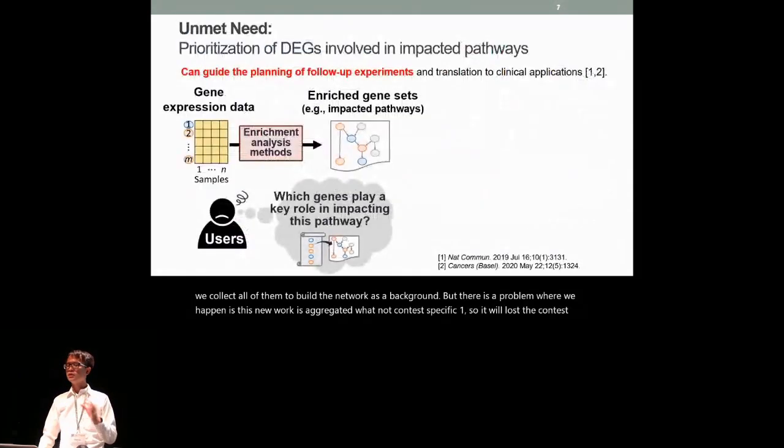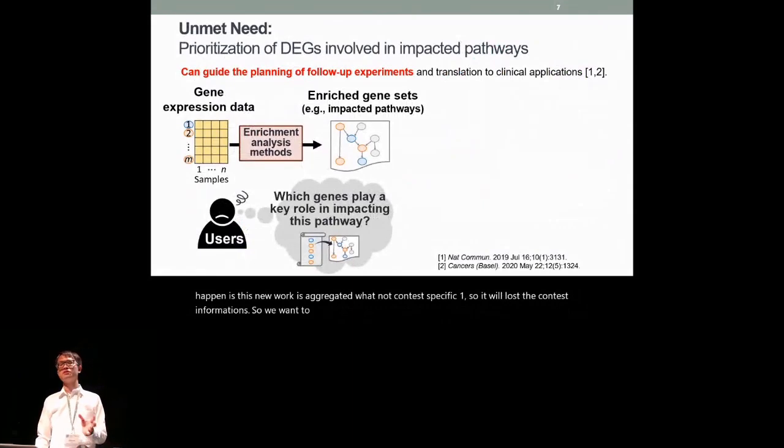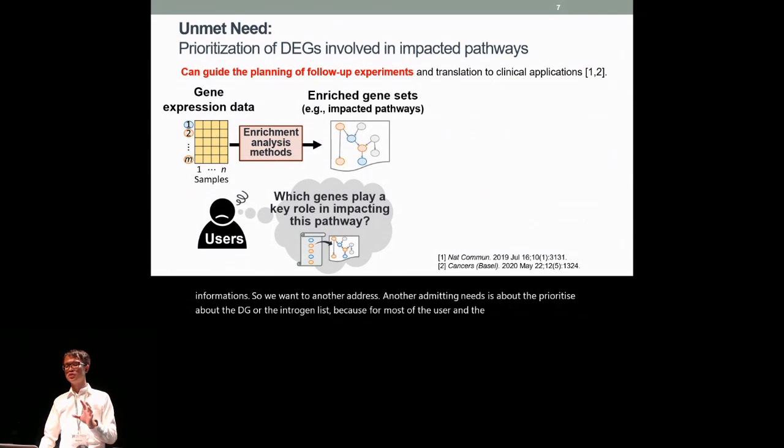We also want to address another unmet need, which is prioritizing the DEGs or the genes in a gene list. Because for most users and biologists, when they conduct gene enrichment analysis for their gene expression data or DEG list, they get a list of enriched pathways, and they usually ask another question: which genes play the key role in impacting this pathway?